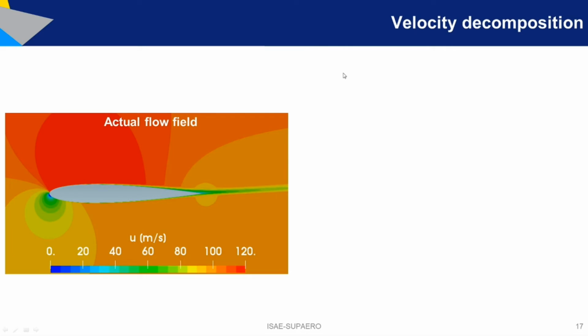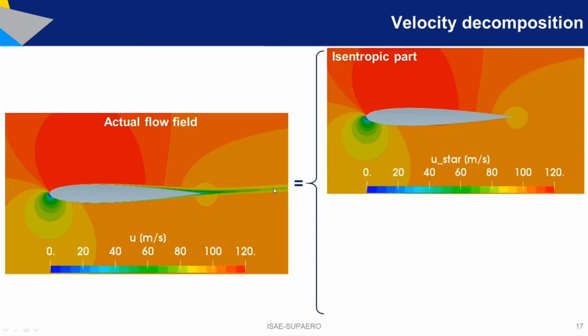So let's see how it looks for an entire velocity field decomposition. What we are seeing here is the actual flow field of the actual velocity in this case, where again we can see the isentropic field around the airfoil and then the viscous effect in the boundary layer and the wake. Based on the idea of the velocity decomposition, we can decompose that in two components.